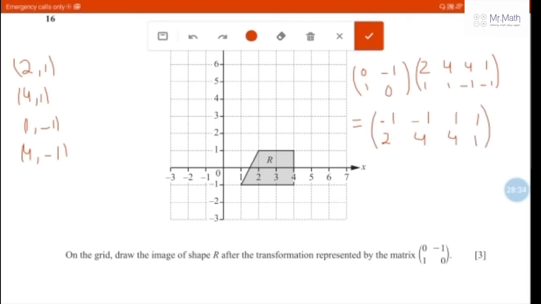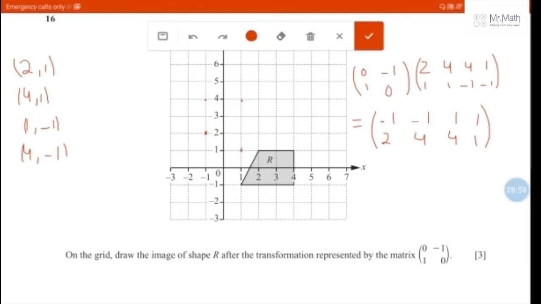So these are the coordinates of my new points. The first coordinate is negative 1 and 2. So this is it. The second one is negative 1 and 4. So this is it. The third one is 1, 4. So this is it. And the last one is 1, 1.